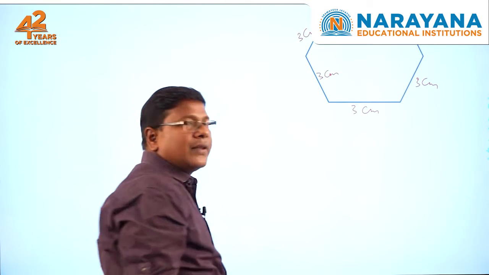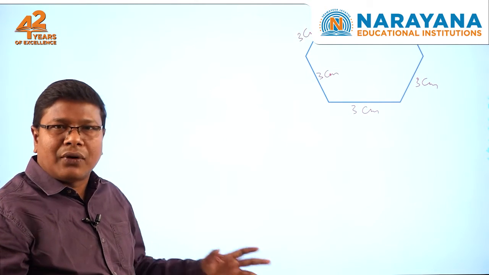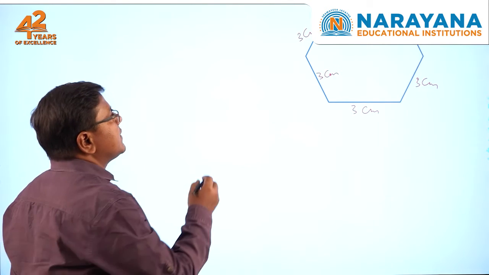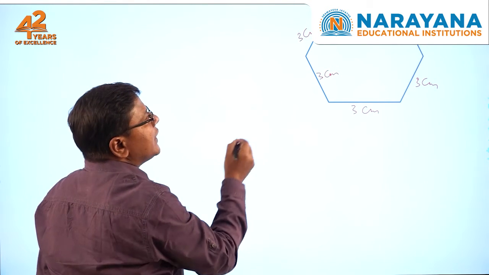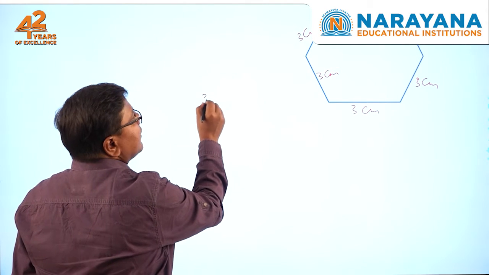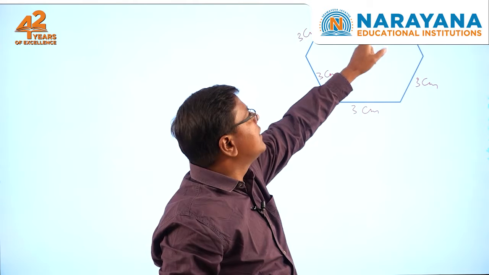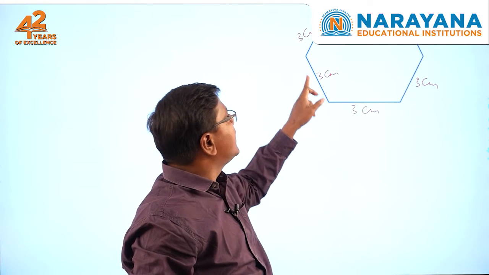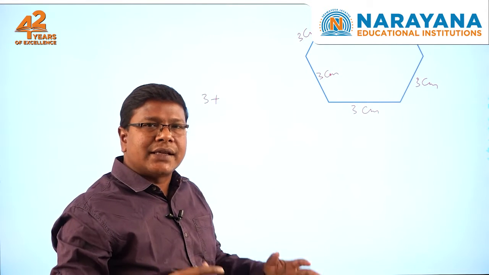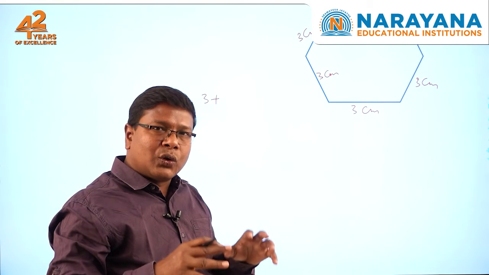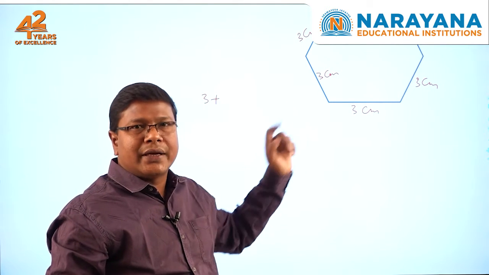So, the perimeter of this shape is the sum of all the sides. How many sides do we need to add? 1, 2, 3, 4, 5, 6, the sum of 6 sides, right. The total length gives you the perimeter of that shape, right.